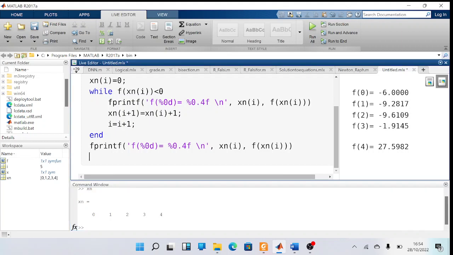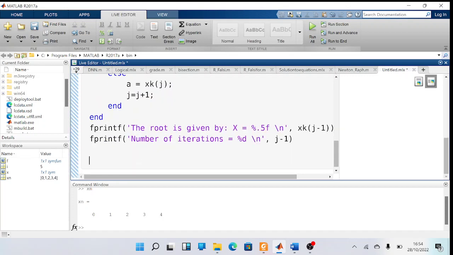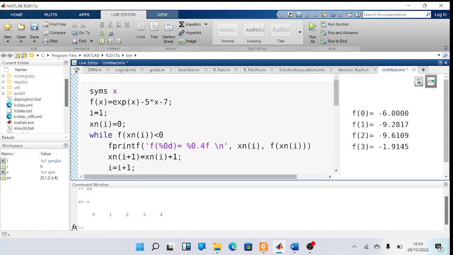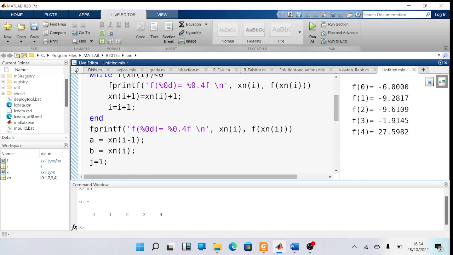So when I put the other section here, now I'll be putting a equal to xn minus 1. xn minus 1 should give us a value of 3.